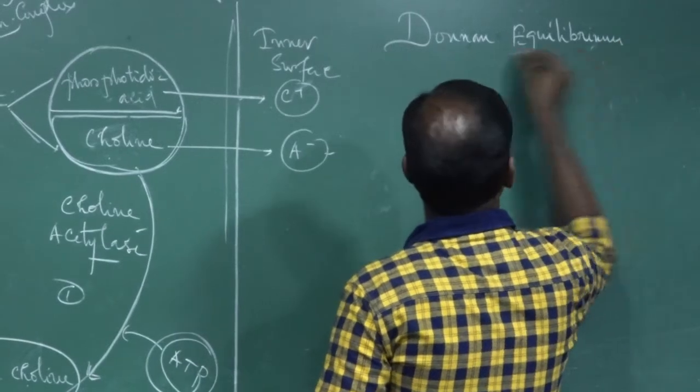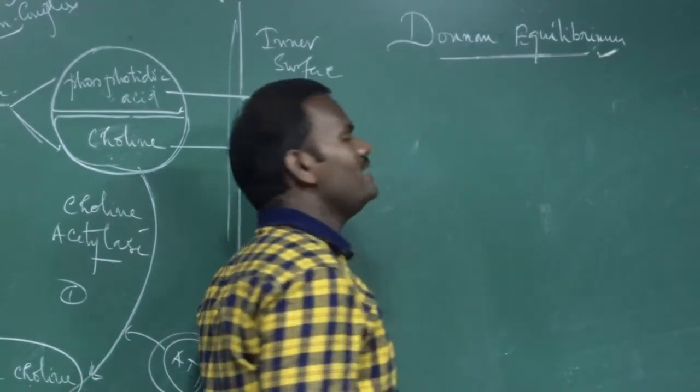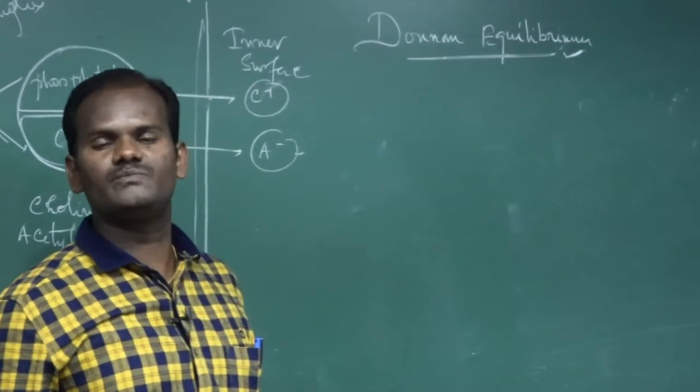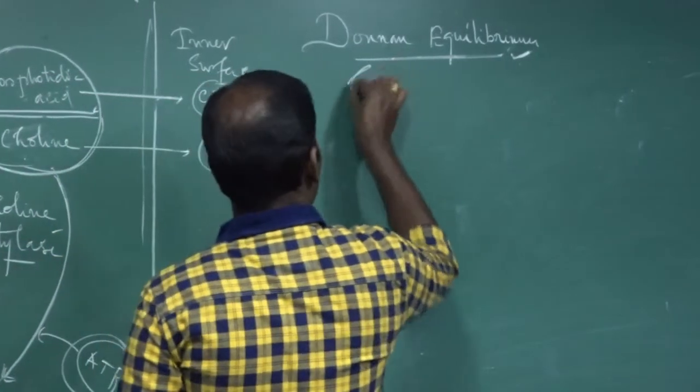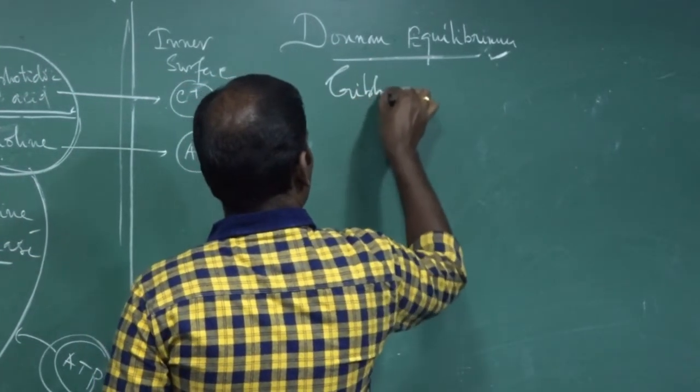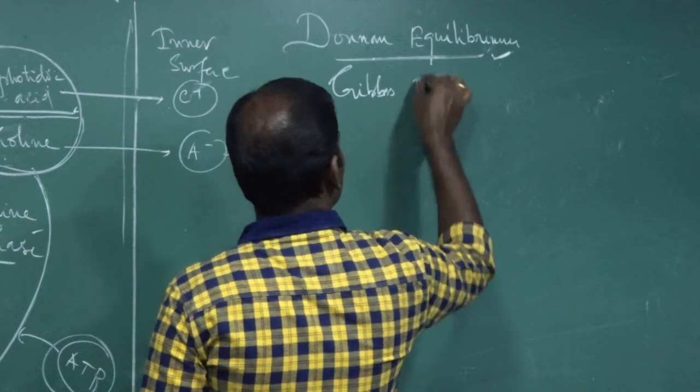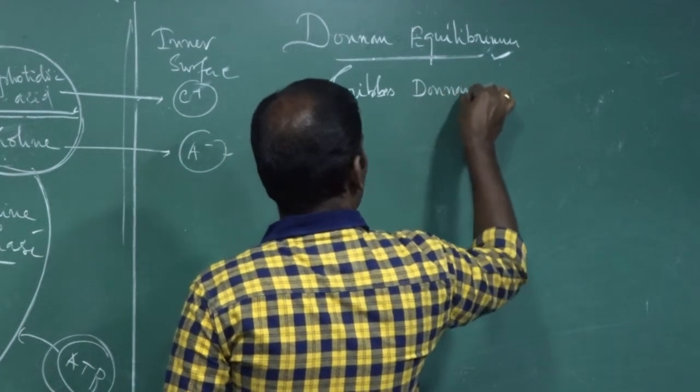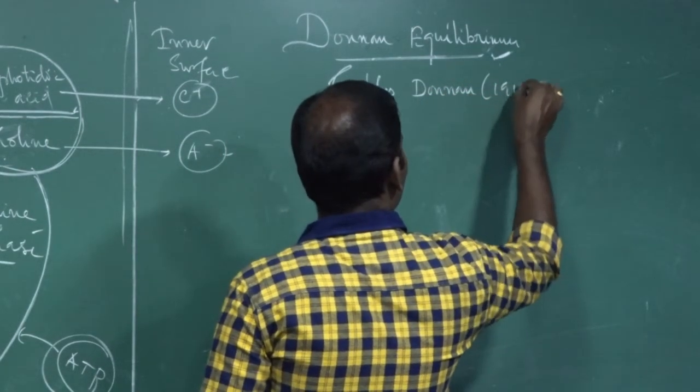Donnan equilibrium. Then what is called Donnan equilibrium? It was first proposed by Gibbs Donnan in the year 1911.